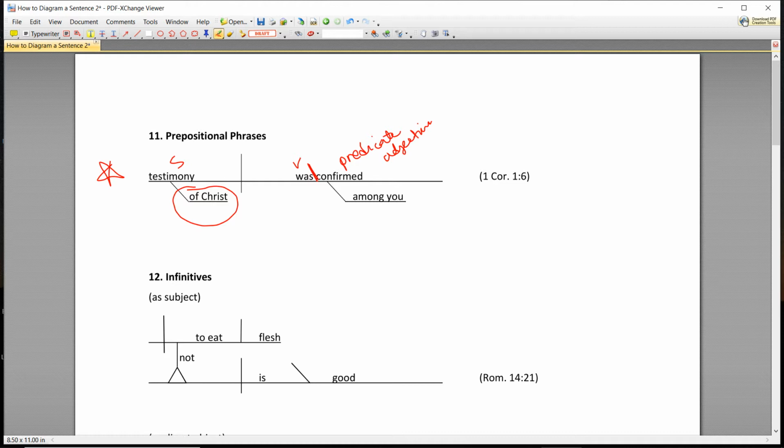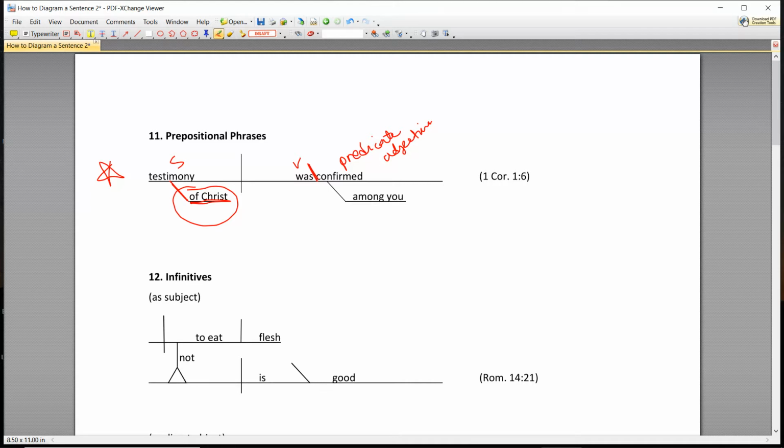So whatever is modifying something goes under the word that it is modifying, right? So of Christ, which is a prepositional phrase, is modifying testimony, right? Testimony of Christ. So that's why we made this diagonal line and then another horizontal line that's parallel to the baseline of Christ, right?